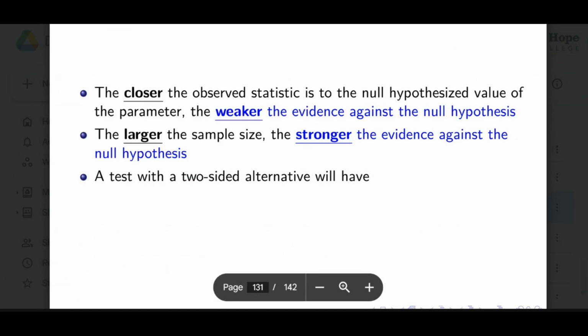Very good. And a test with a two-sided alternative will have weaker or stronger evidence against the null compared to a one-sided alternative. We have just discussed this. If you change from a one-sided test to a two-sided test, what happens to your strength of evidence?